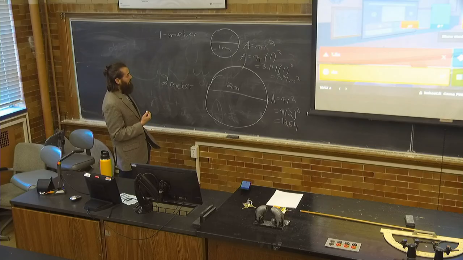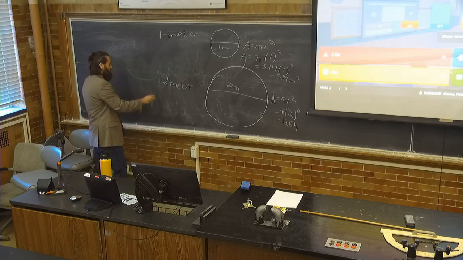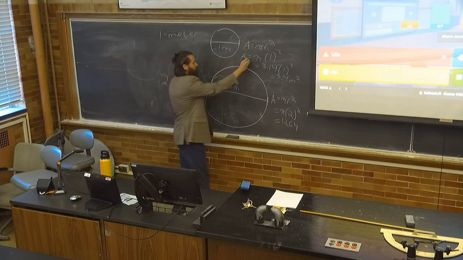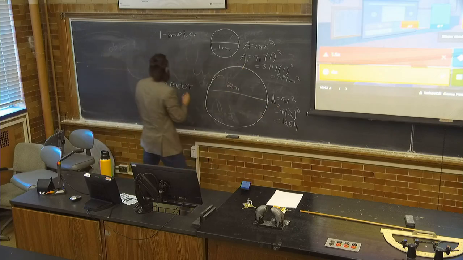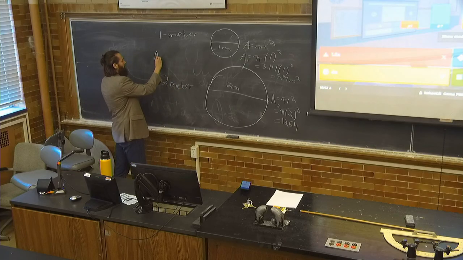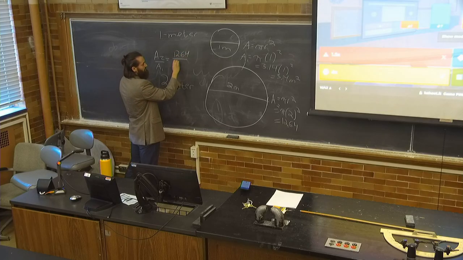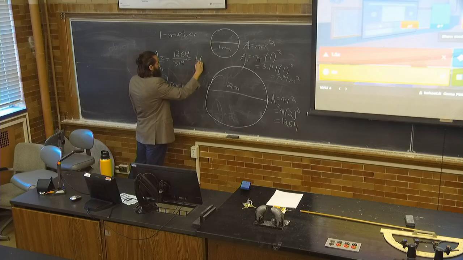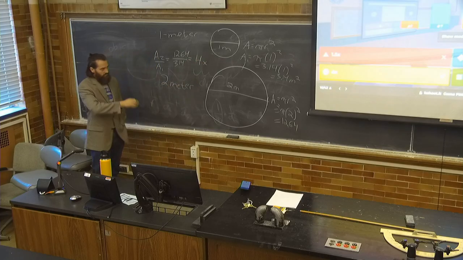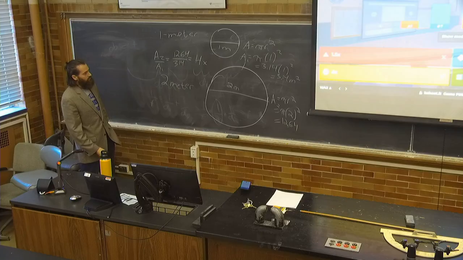So then if you're comparing the two areas, we'll call this area 1 and area 2, 12.64 divided by 3.14, and you get 4 times. So that's the long way to do that calculation.